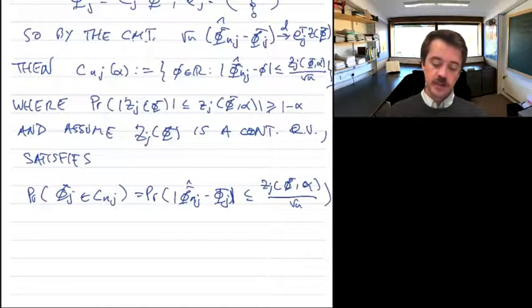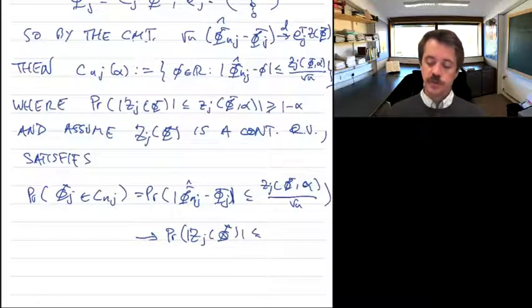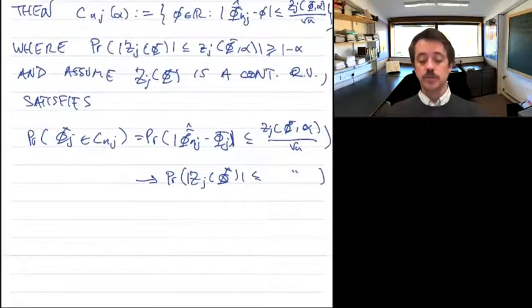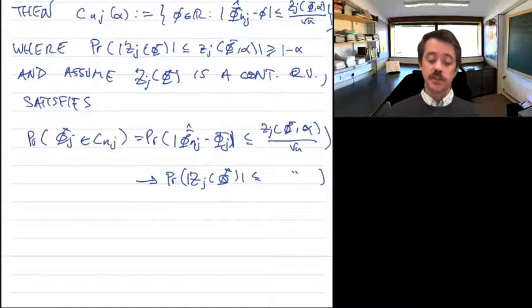It should be clear to everyone that this converges to the probability of this Z_j being less or equal than this quantity. That should be clear by convergence in distribution.